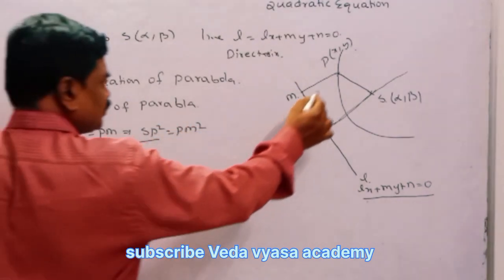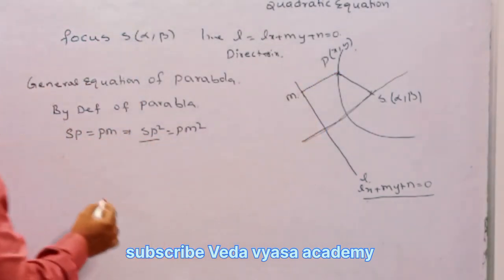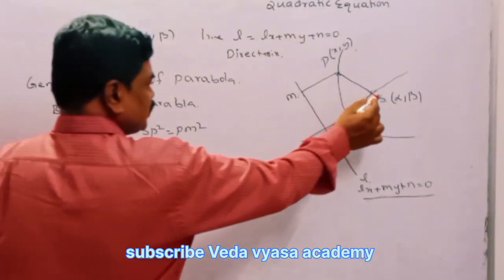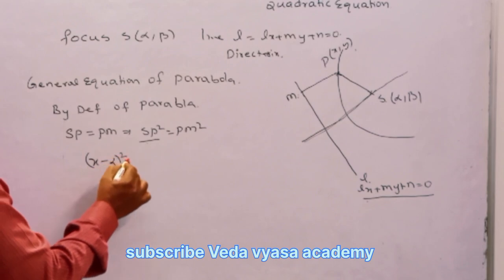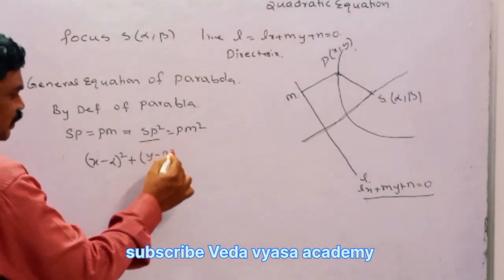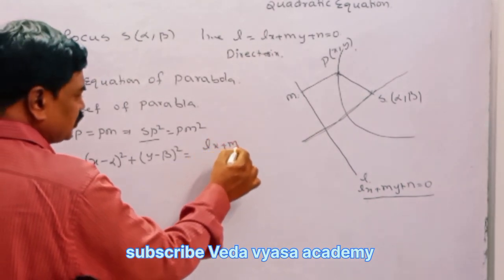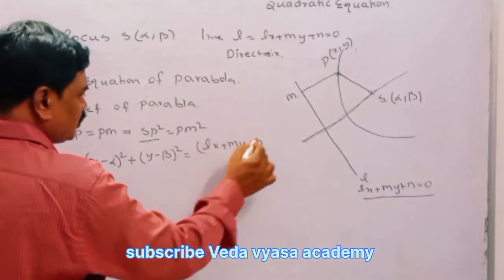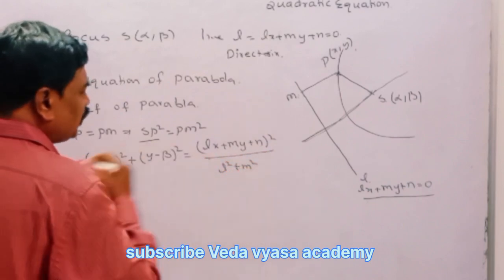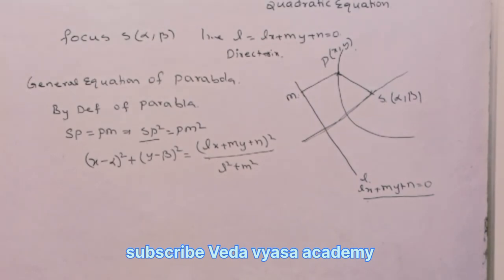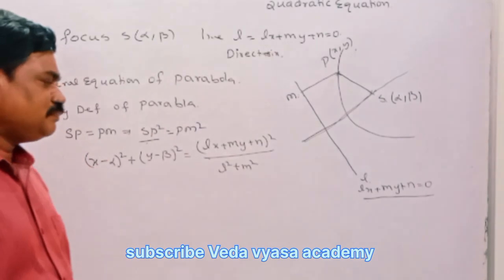PM is the perpendicular distance from P to the line L, and SP is the distance between S and P. So (x minus alpha) whole square plus (y minus beta) whole square is equal to (Lx plus My plus N) whole square by (L square plus M square), the perpendicular distance. This is the equation of the parabola.